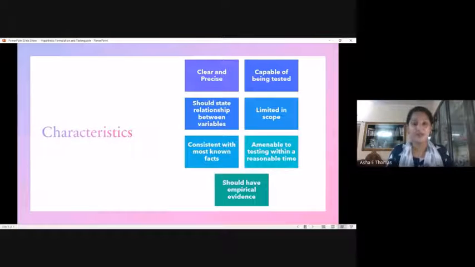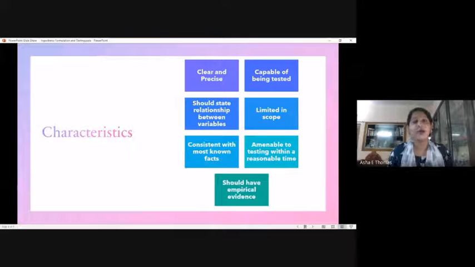So that's why it has been said that the testing period of a hypothesis should be fixed well in advance. It should be a feasible time for the researcher to arrive at conclusions. Along with that, the hypothesis becomes useful only when it is empirically tested, by using different statistical tools.